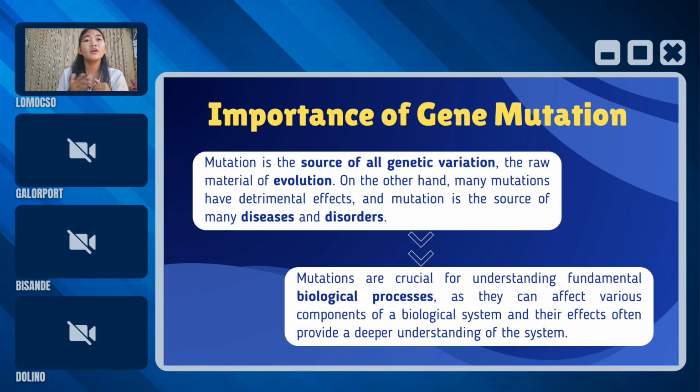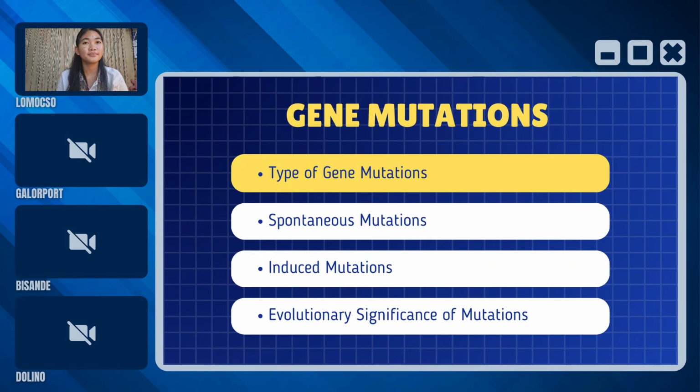On the other hand, mutations may have detrimental effects, and it is the source of many diseases and disorders. Mutations are also useful for examining fundamental biological processes. Finding or creating mutations that affect different components of a biological system and studying their effects often lead to an understanding of the system.